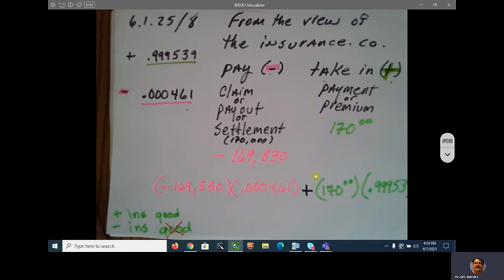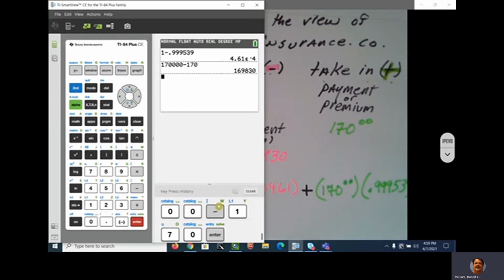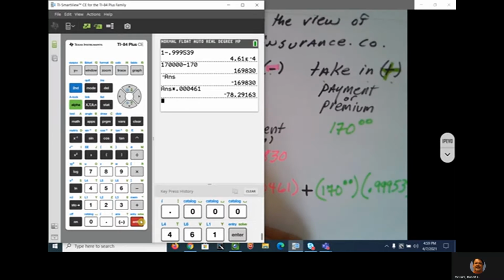All right, so let's take our handy dandy calculator. Since I've already got 169, let's change that to negative. So negative, second answer is negative 169,830 times 0.000461. And that is negative $78.29.